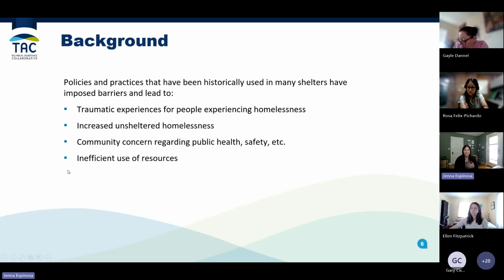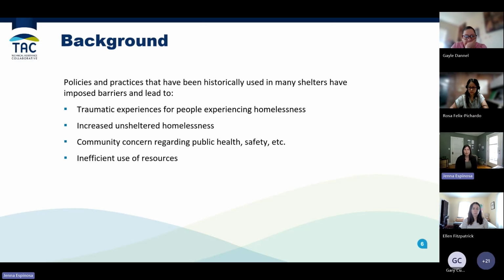So when we've seen these historical policies and practices that have created barriers to shelter, what we've seen is that there are people who have really traumatic experiences staying in high barrier shelters, spending longer times in those shelters. We also see an increased unsheltered homelessness. That is a very common impact that we see in a community that does not have any low barrier shelter or very little low barrier shelter.